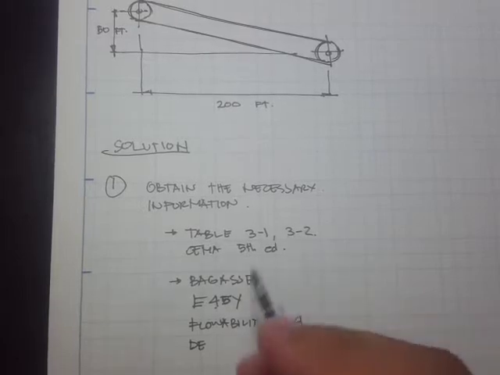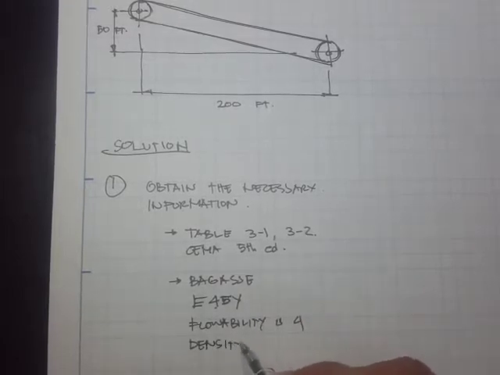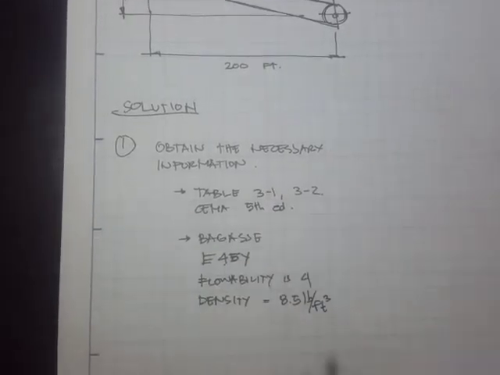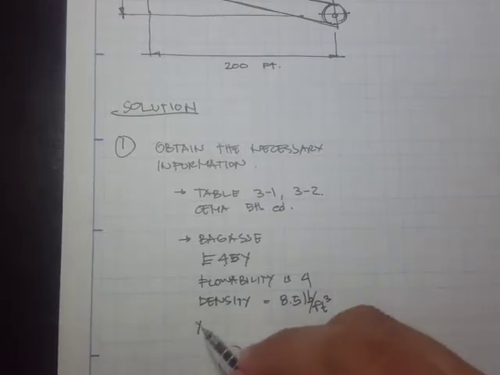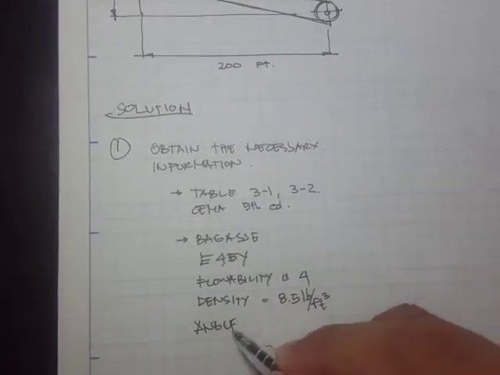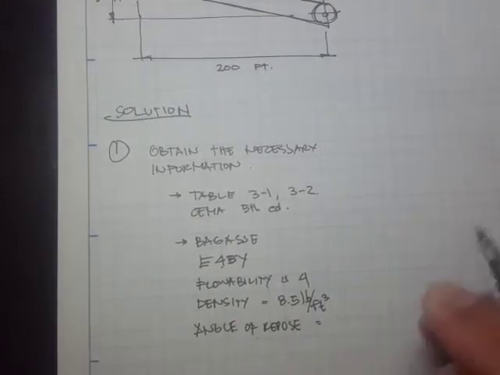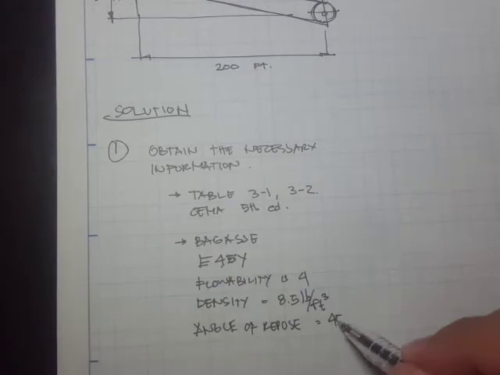In the table you can also obtain the density. Density equals 8.5 pounds per cubic foot, and our angle of repose is equal to 45 degrees.